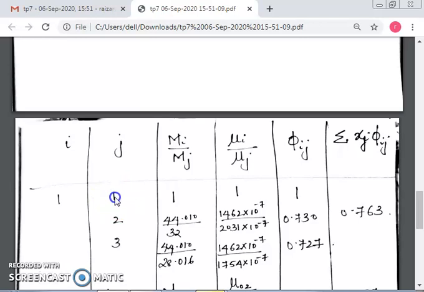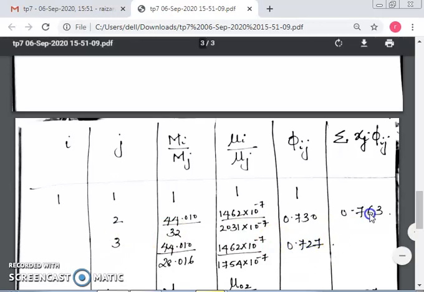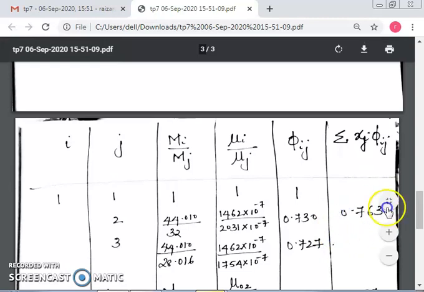So, the mole fraction of carbon dioxide multiplied by this phi ij plus mole fraction of oxygen multiplied by this 0.730 plus mole fraction of nitrogen multiplied by this 0.727. So, you will get the value as 0.763 for this component i. For this species i, the value of sigma xj phi ij is equal to 0.763.